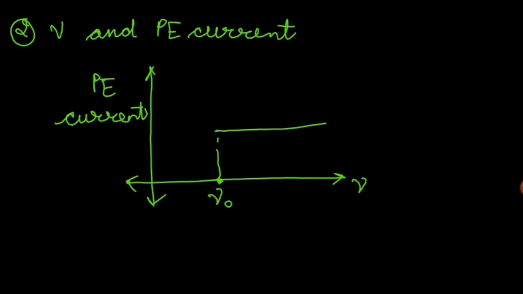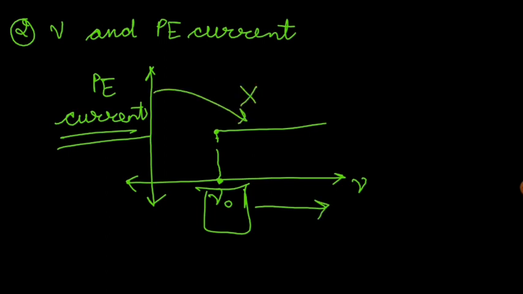We can observe this easily from this graph. There will be no effect of increasing the frequency: once we provide the threshold frequency, the photoelectric current starts, but after that, as we increase the frequency, there is no effect on the photoelectric current. It means frequency and photoelectric current are independent of each other.